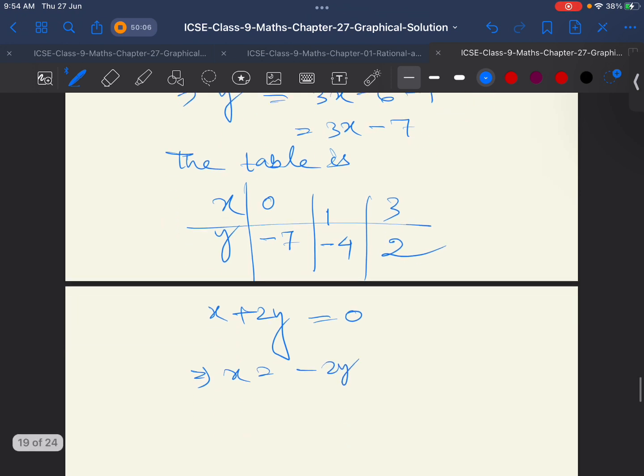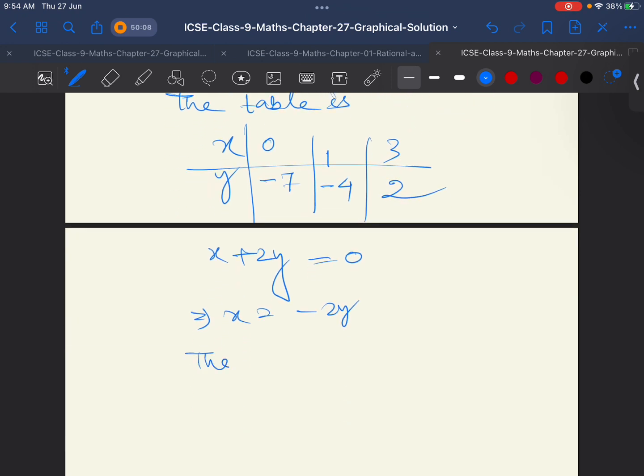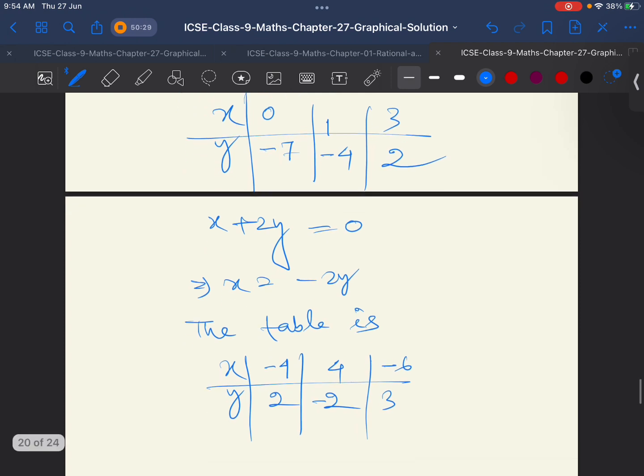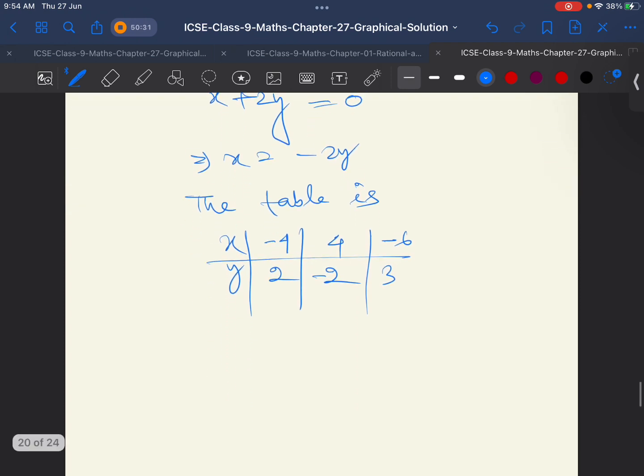Okay, so equation 3 implies x equals to minus 2y. So the table is x and y. When y is 2, x is minus 4; y is minus 2, x is 4; and y is 3, x is minus 6.